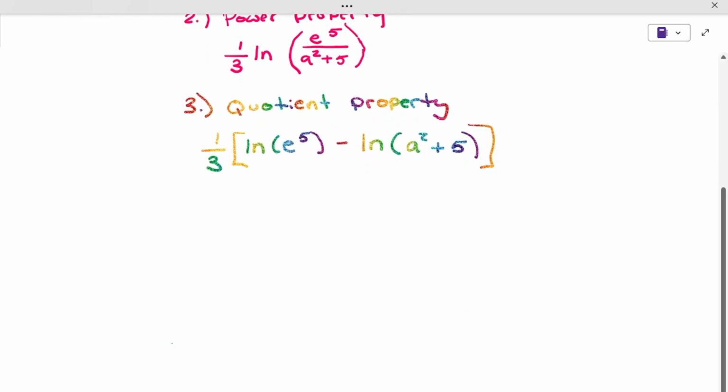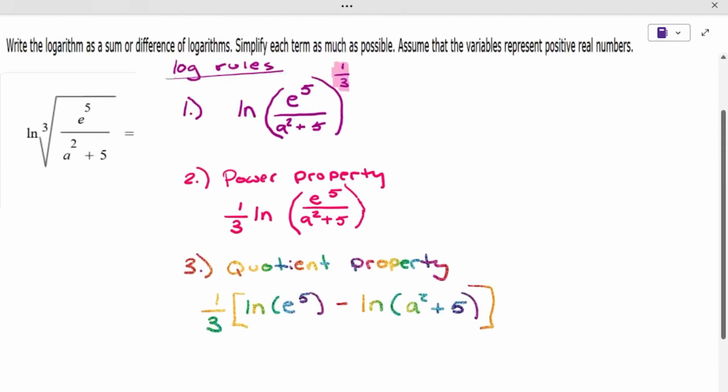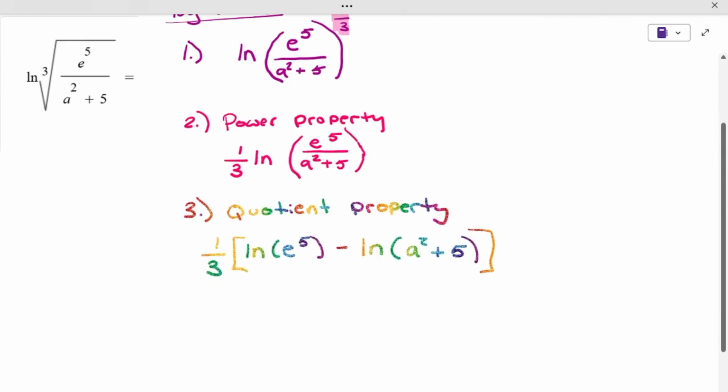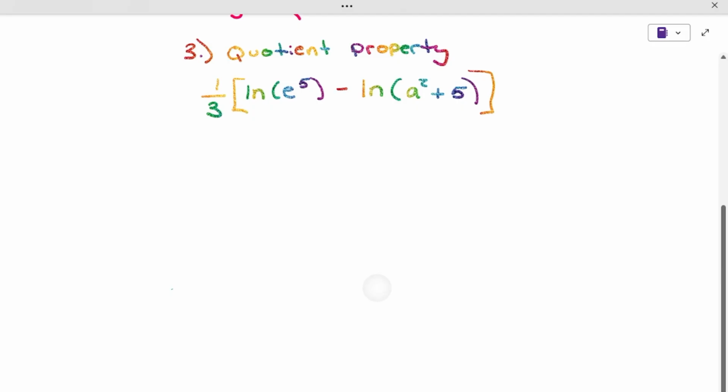We're getting pretty close to writing it and simplifying as much as we can. I'm going to distribute this 1/3 in front of both ln's, because we have the brackets here.